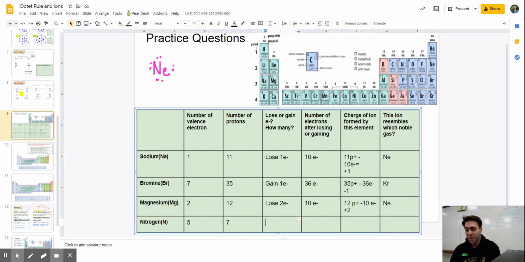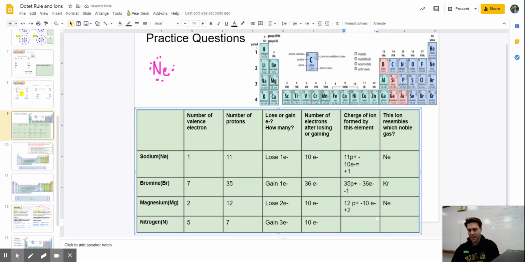So if it has 5 valence electrons, and it wants to have a full octet to look like neon, it's going to gain 3 E minuses. Again, the E minuses represent the electrons. So 5, and you add 3 more electrons, you have a total of 10 E minuses.